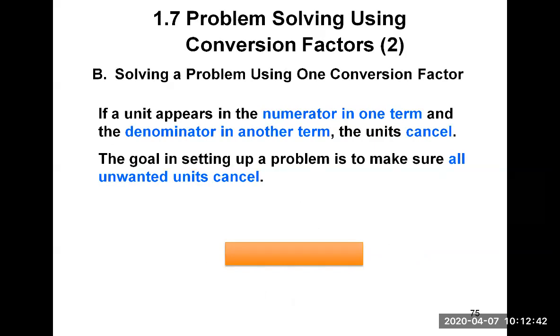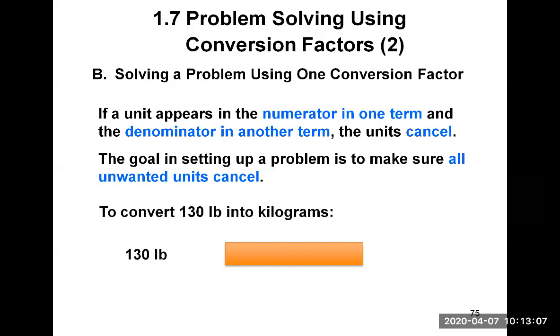We can do this kind of canceling with units, and that's the driving force for this type of problem solving. The goal in setting up a problem is to make sure that all unwanted units cancel and that you end up with only the desired unit at the end.